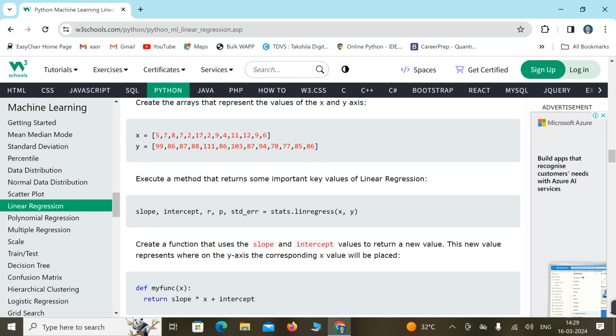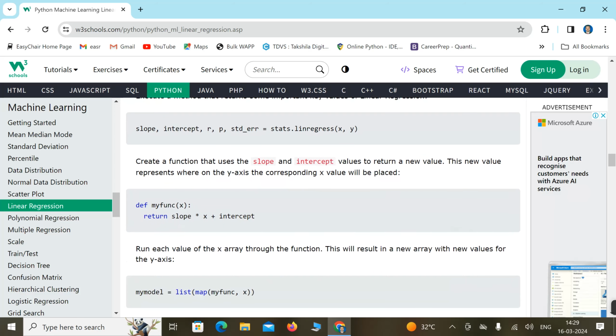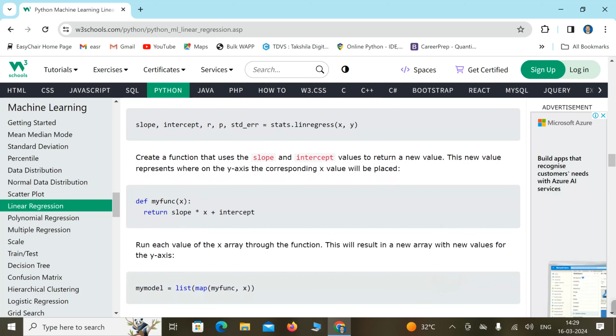Then execute a method for getting a value for slope, intercept, R, P, standard error. Then you have to create a function that uses the slope as well as intercept to return a new value. The new value will represent where the y-axis for the corresponding x-axis is placed. That means it is used to find out the line.